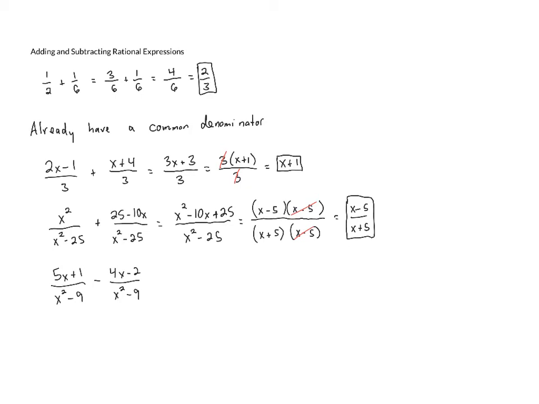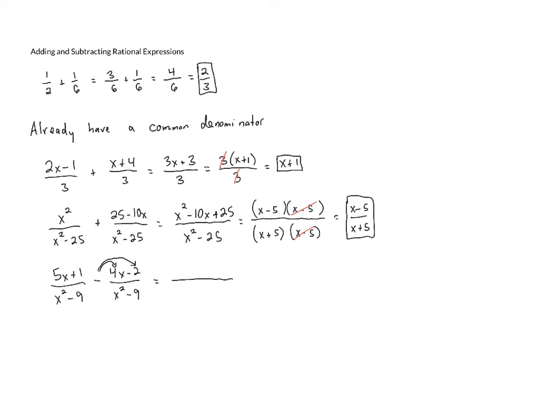When we're subtracting fractions with the same denominator, the only difference is we're going to be subtracting the numerators. However, we have to be very careful. When we take one polynomial and subtract another polynomial, remember that that subtraction must be distributed to each of the terms in the other polynomial.